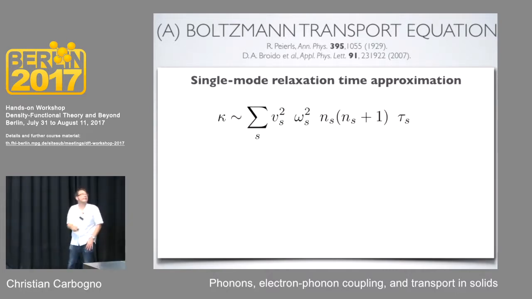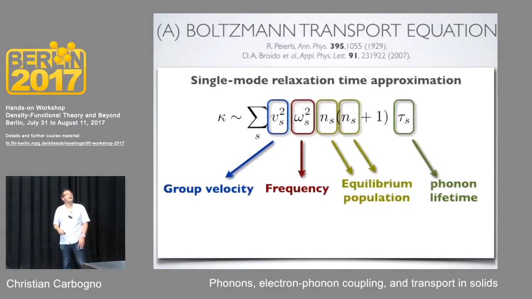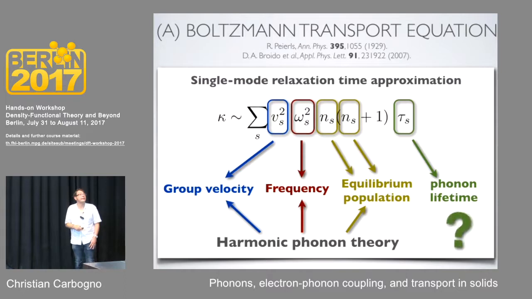The thermal conductivity is nothing else than the velocity each mode moves times the energy it's transporting, and then times the lifetime. For how long can this mode survive until it breaks down? And these group velocities, these frequencies, and these equilibrium populations, this is something that you get immediately out of harmonic theory. And as I've told you before, the phonon lifetime is the challenging thing.